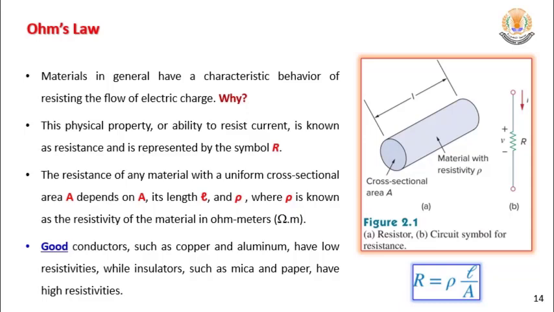So as a result, the resistance equals rho L over A, where A is the cross-sectional area. Okay? So this is the meaning of resistance, the resistance of motion of the electrons inside conductors.